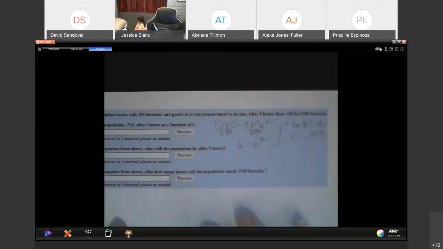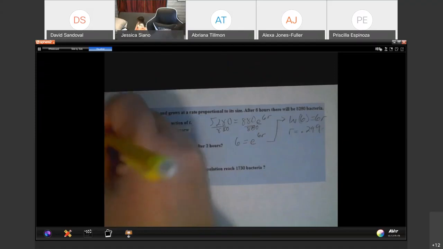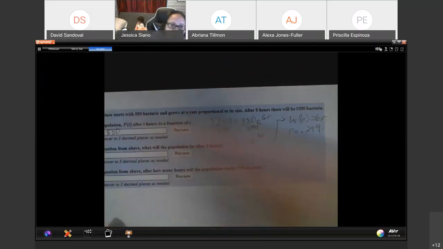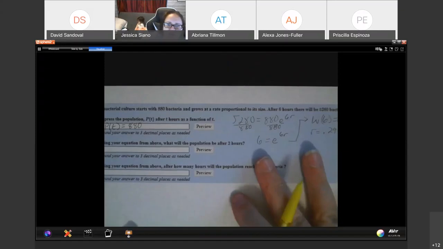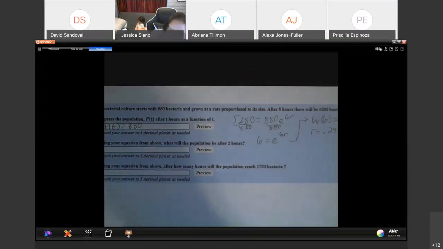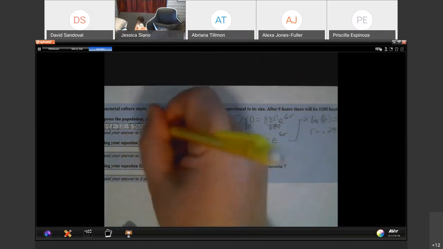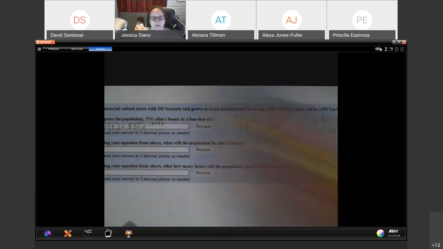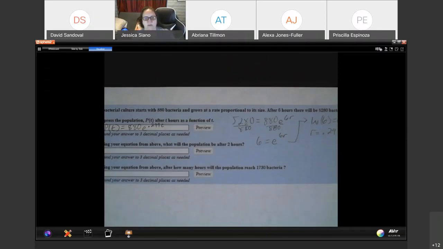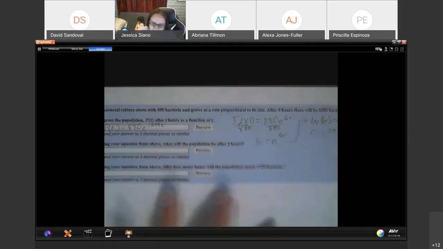So I would say P of T equals my initial amount, E, to the 0.299 T. I'm going to write it over here too.